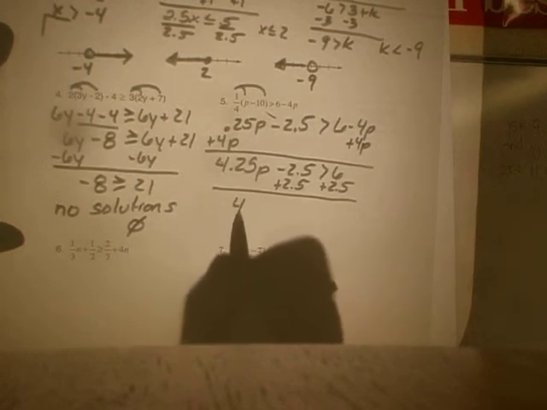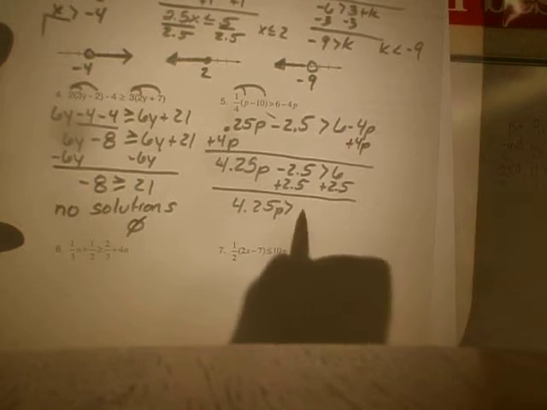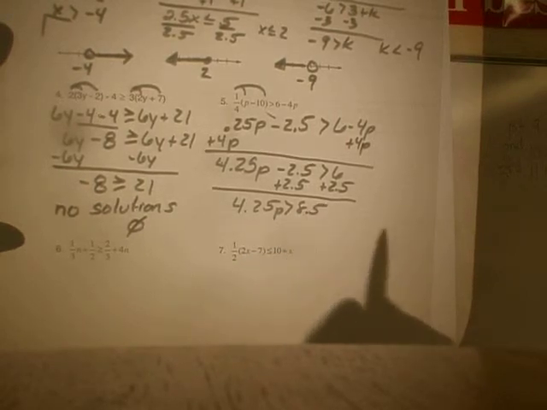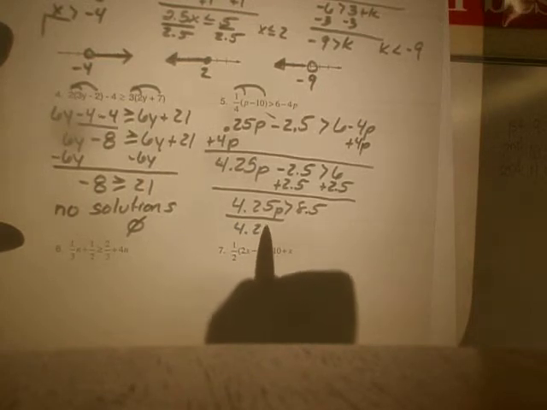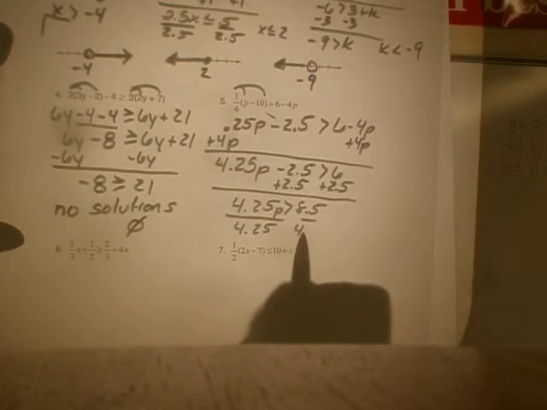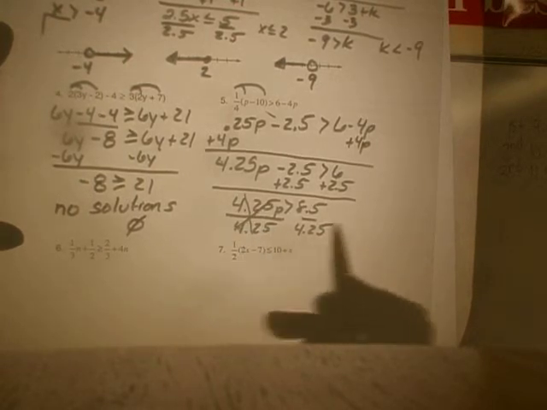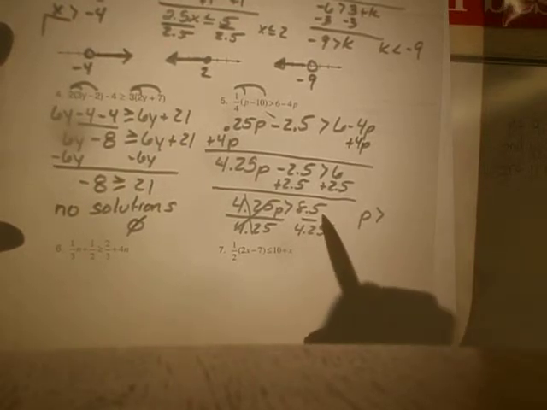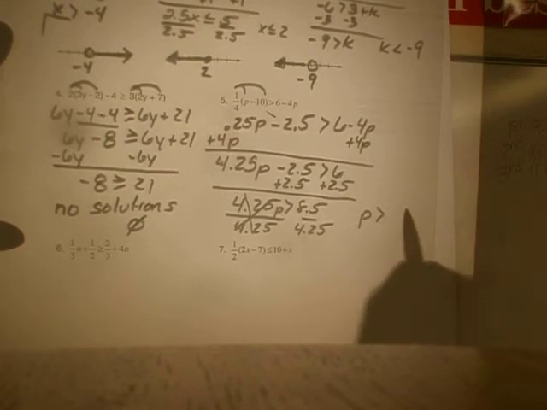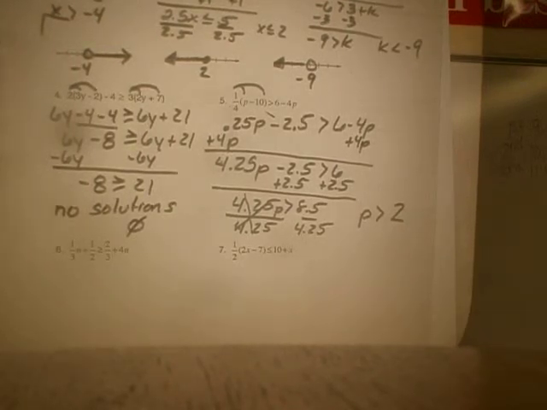And you are left with 4.25p is greater than 8.5. And when you divide both sides by 4.25, these cancel out, and you are left with p is greater than 8.5 divided by 4.25, which is 2. So p is greater than 2.